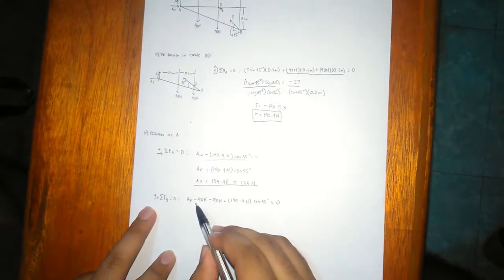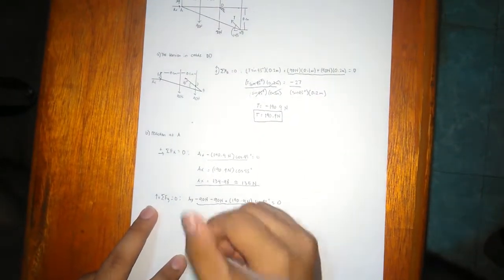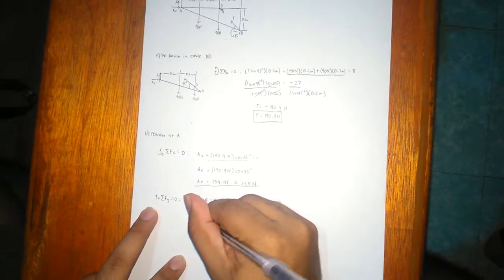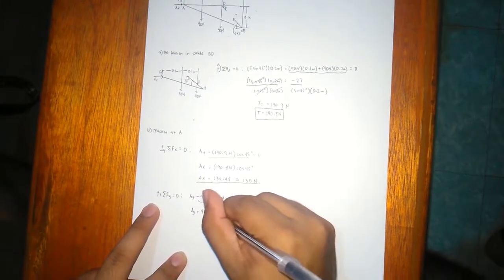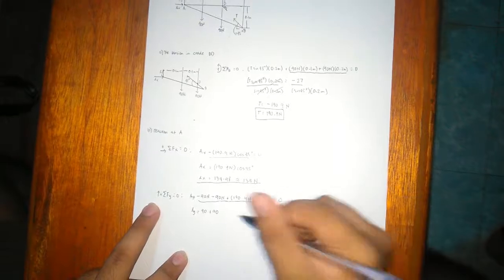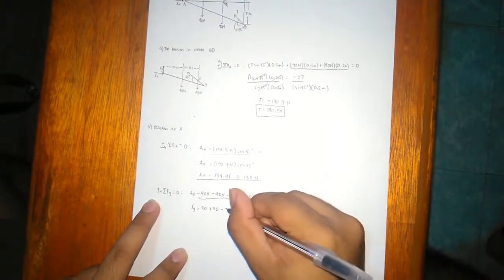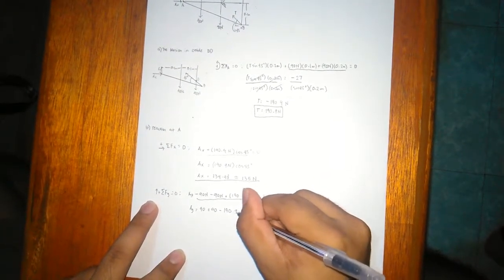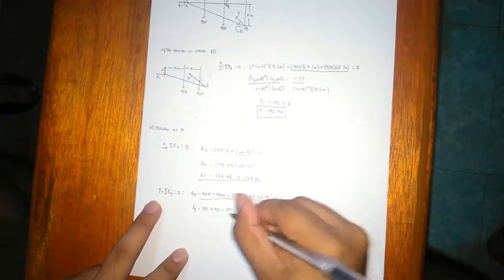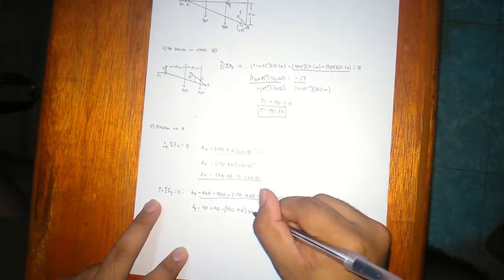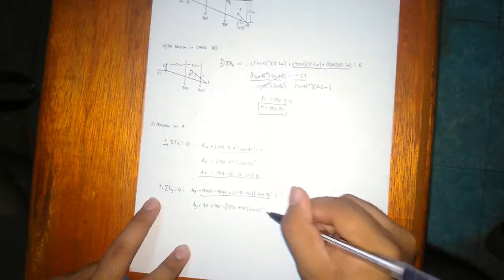Once again, transpose this to the other side. So we have Ay is equal to 90 plus 90 minus 190.9 Newton times sine 45 degrees.